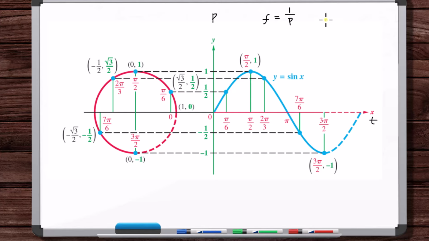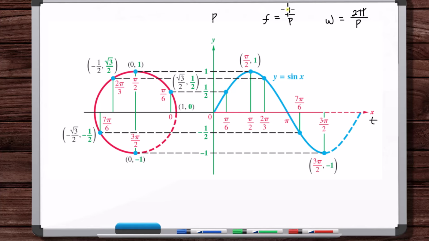The angular frequency is, instead of going one cycle per that amount of time, you're going 2 pi. It's 2 pi divided by p. Now, the angular frequency is in radians per second, but just note that radians are technically unitless, so these two have the exact same units.